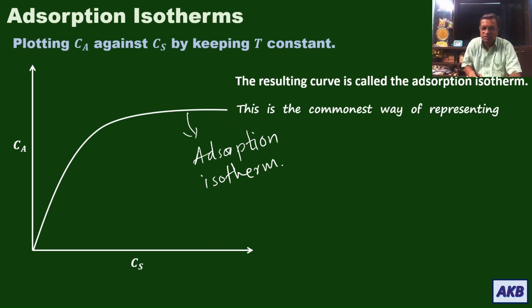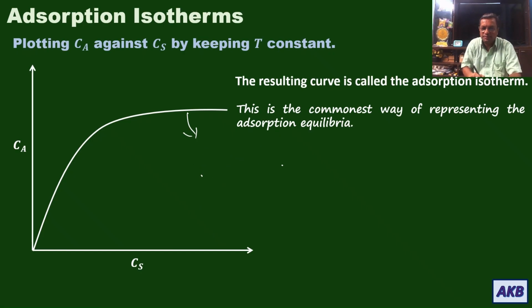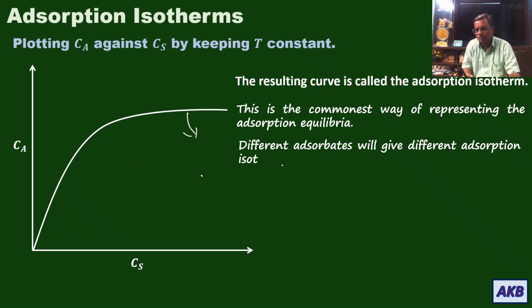And this is the commonest way of representing adsorption equilibria. Adsorption isotherm is the commonest way of representing adsorption equilibria. Different adsorbates will give different adsorption isotherms on the same adsorbent.